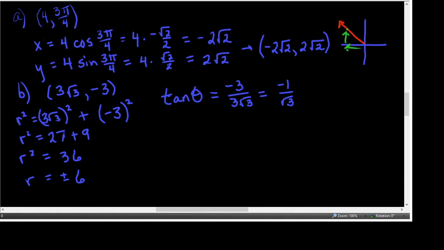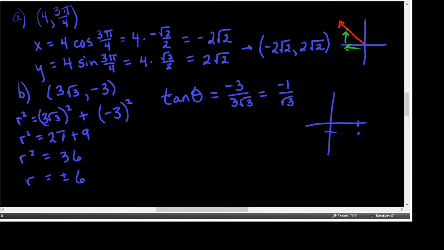Which, if I think about a triangle where that could happen, I'd want the y value of the trigonometric idea, tangent theta is y over x. I'd want the y to be negative 1 and the x to be square root of 3.